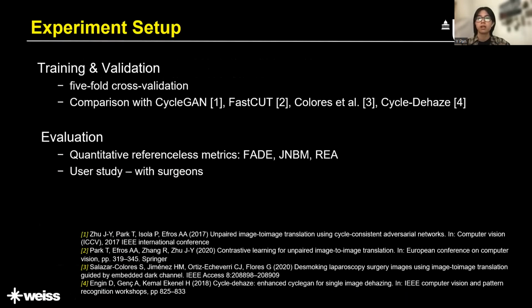For the experiment, we applied 5-fold cross-validation among these 10 video groups, and we completed quantitative and qualitative evaluation against 4 existing desmoking methods. We also apply referenceless metrics in the evaluation, and a user study has been included with surgeons for further validation.